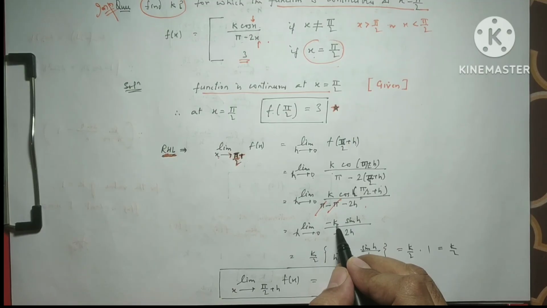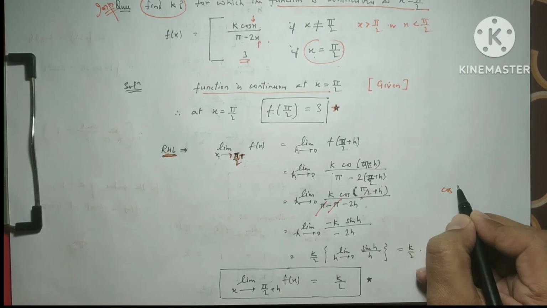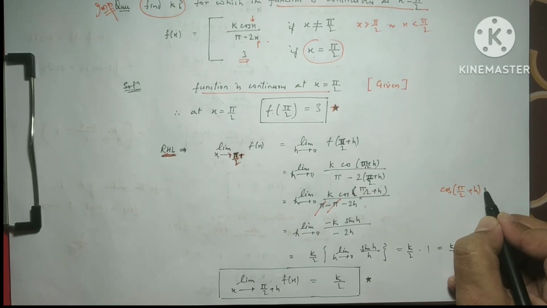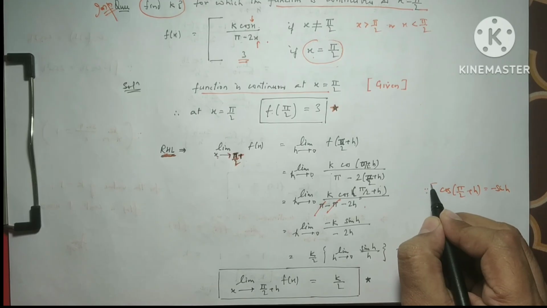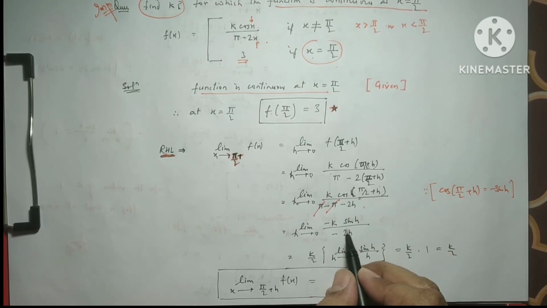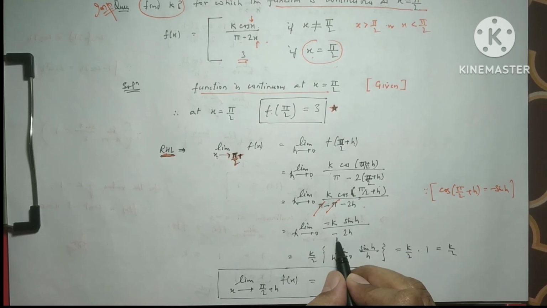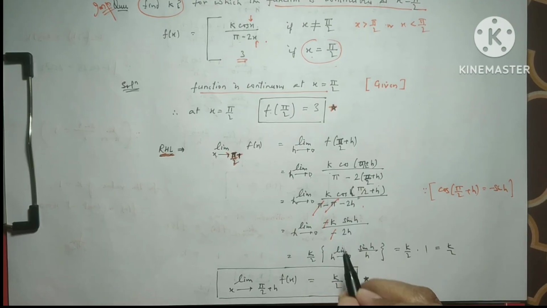So it is k cos of pi by 2 plus h, and cos of pi by 2 plus h is in the second quadrant, so it is minus sin h. So we use minus sin h in place of cos of pi by 2 plus h, and there is minus 2h in the denominator, so minus minus cancels out, we get k by 2 times sin h over h.